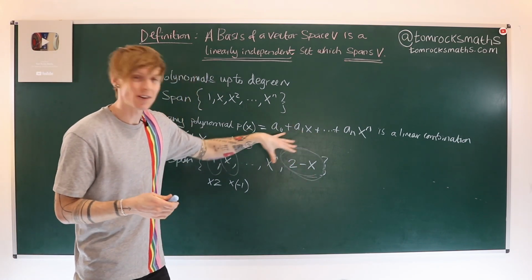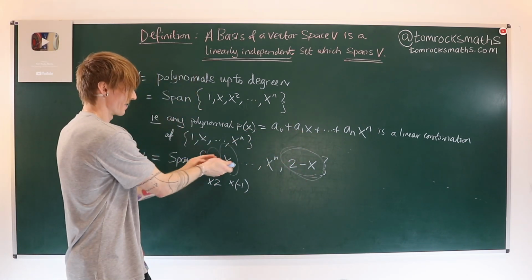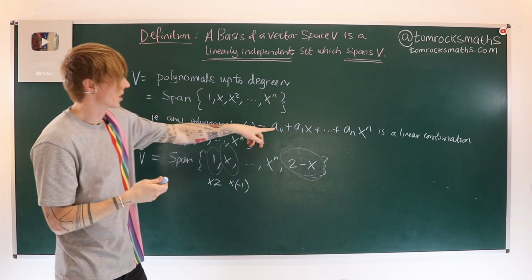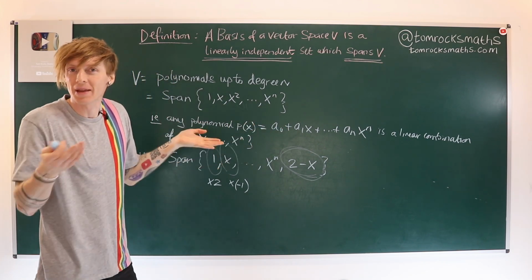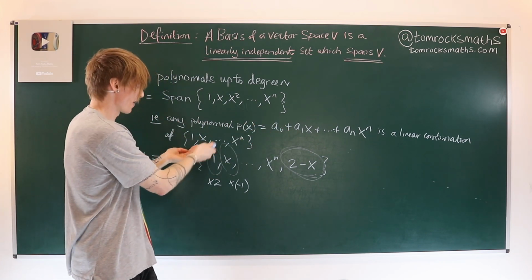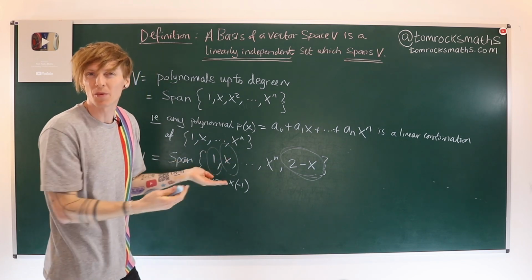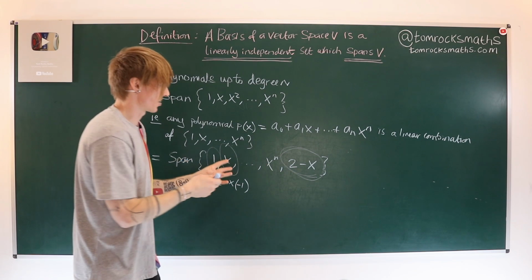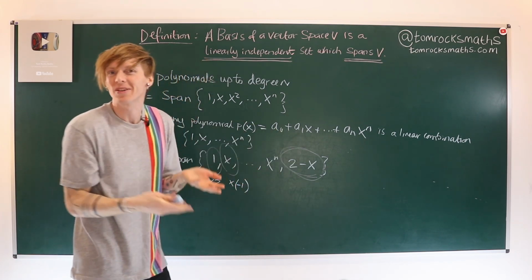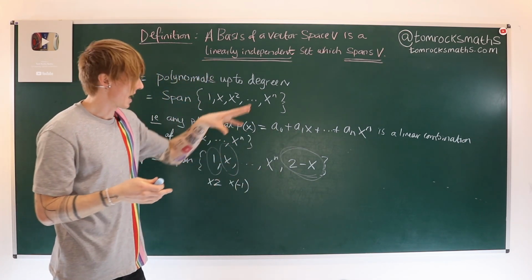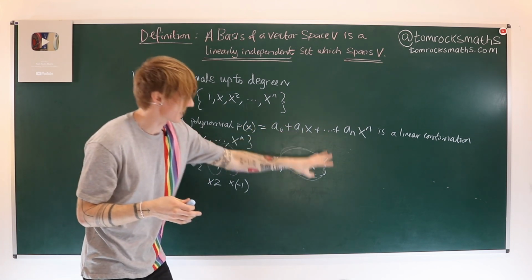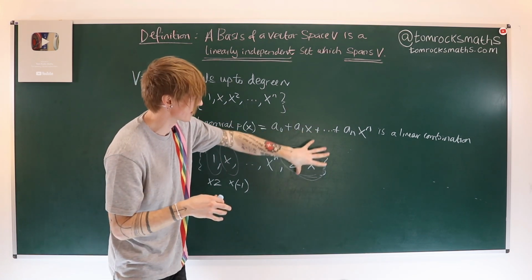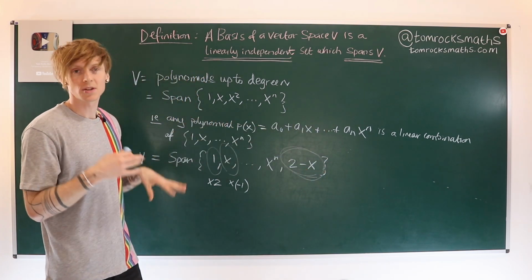So this is kind of redundant because we already have any amount of these two that we want, because we're able to control these coefficients a0 and a1 to be anything. So we already have as many constant terms, as many linear terms as we want. So just having some amount of 2 minus x, it's just an extra thing we don't really need. And that is why we would say that this set is linearly dependent, because we can rewrite this element in terms of two of the others.